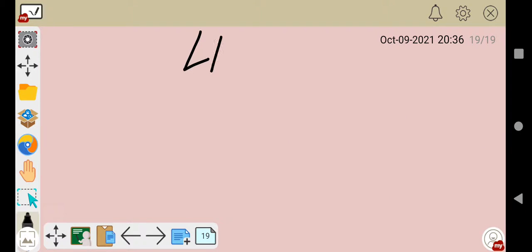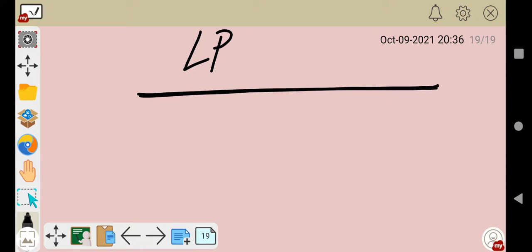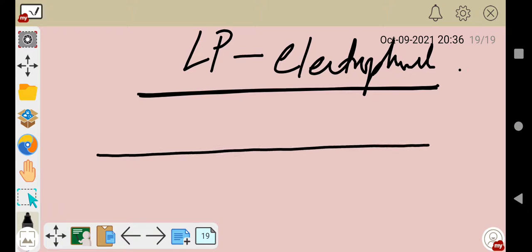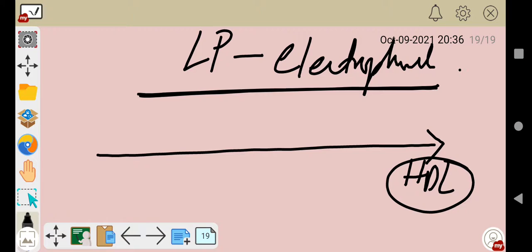Then there is an important question on lipoprotein electrophoretic mobility. See, the most mobile is HDL. Why? Because lipid content is less, size is least, density is maximum.